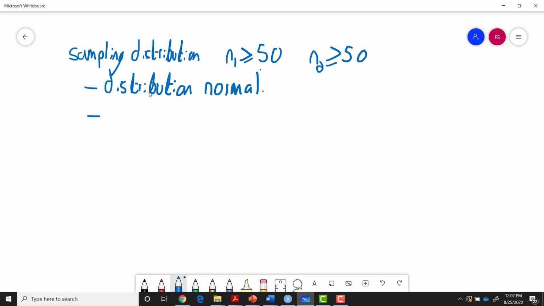It's going to have a mean of the expected value of the difference between the means of the population.